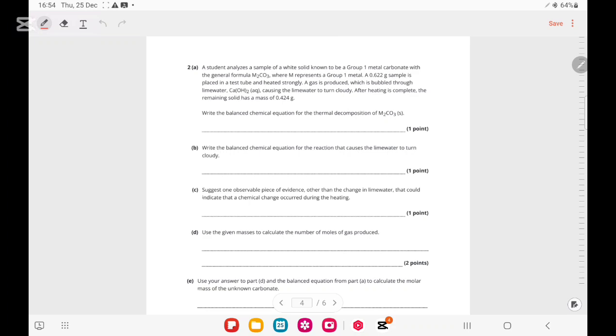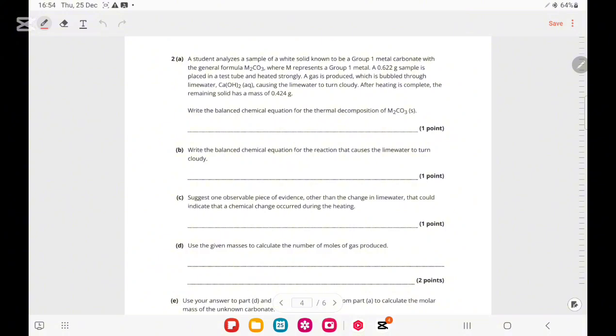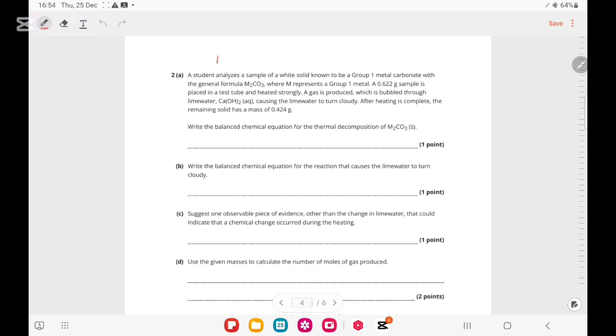So in this question, a student analyzes a sample of white solid known to be a group 1 metal carbonate with the general formula M2CO3. Just remember, a group 1 carbonate could be sodium carbonate, and when we heat it, it is going to form sodium oxide, plus carbon dioxide gas would be produced.